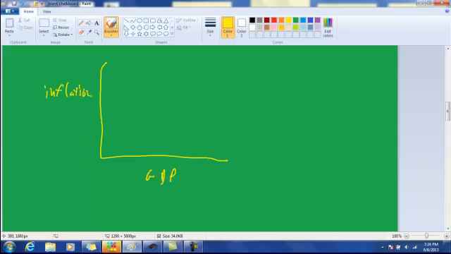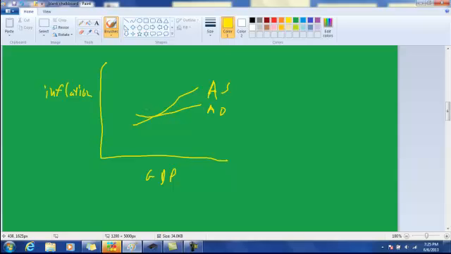Because what you would have is aggregate supply like that, and then aggregate demand as another upward sloping curve. Because as inflation goes up, aggregate demand goes up. So that's confusing to people because it doesn't look like a typical demand curve. And in fact, if you're not careful and you don't draw the aggregate demand curve as shallower than the aggregate supply curve, you get perverse results.